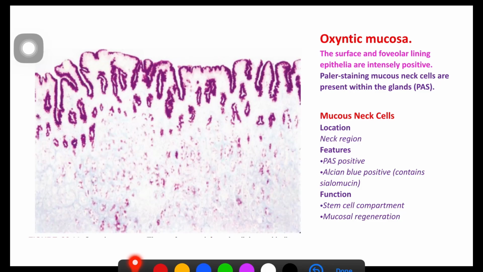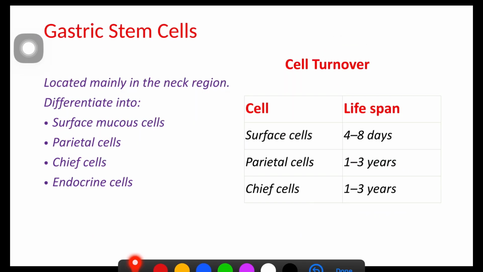They are PAS positive, and also Alcian blue positive because they contain acidic mucin, and their function is that they are the stem cell compartment, associated with mucosal regeneration.